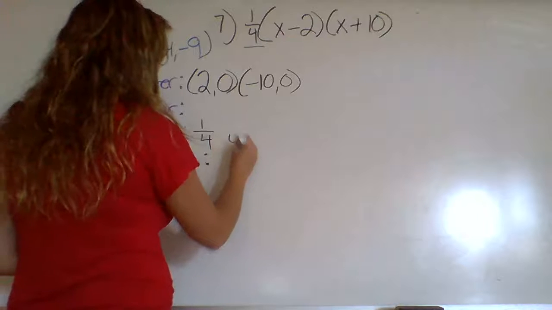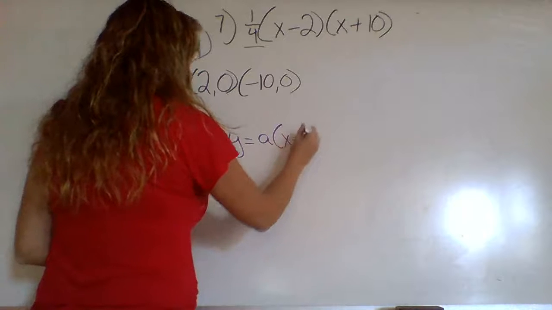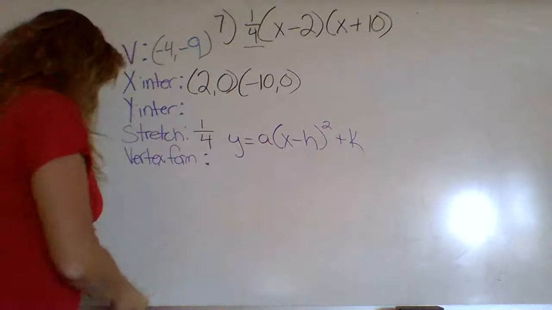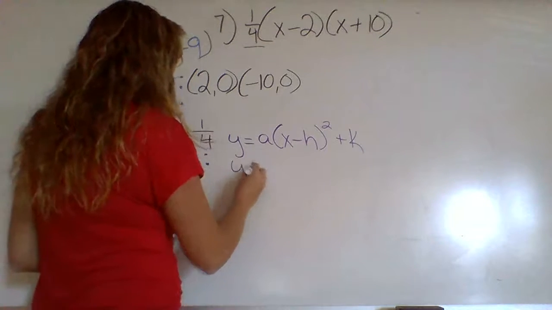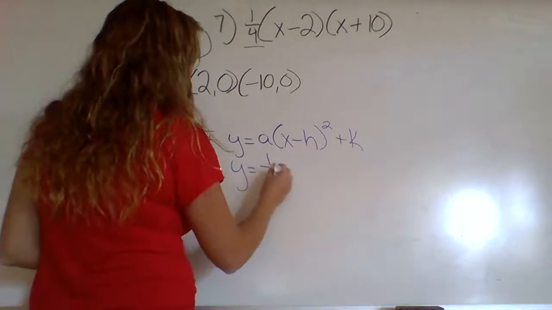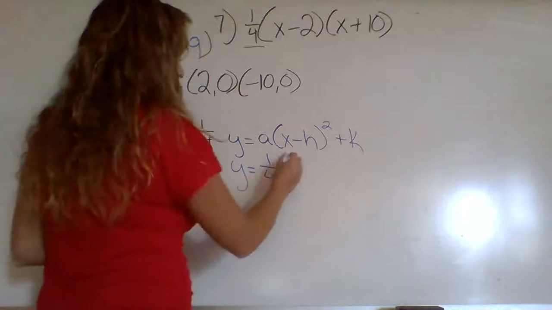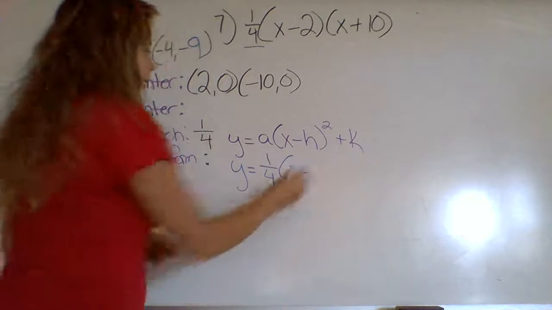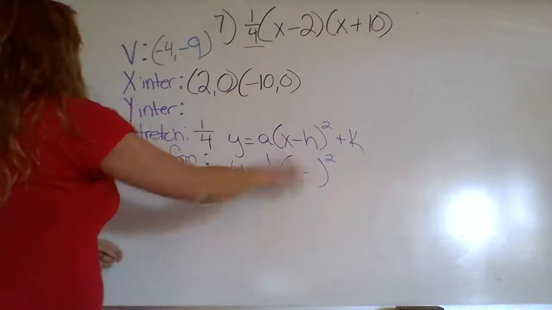So vertex form is, once again, A times (x minus h) squared plus k. So y equals, what is A? 1/4. A is your stretch, times x minus your x value of your vertex, which is -4.